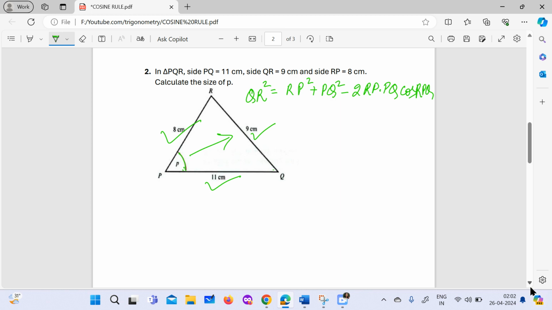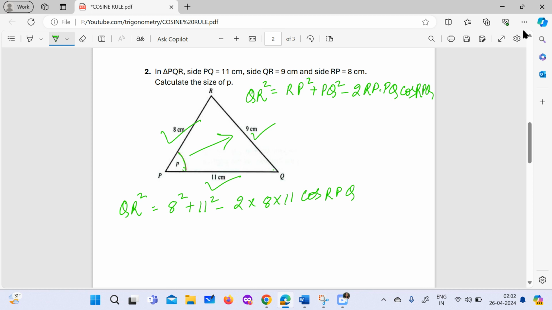Now in this we can input all the values. So QR squared equals RP is 8 square plus PQ is 11 squared minus 2 times 8 times 11, and then we have to find cos RPQ.